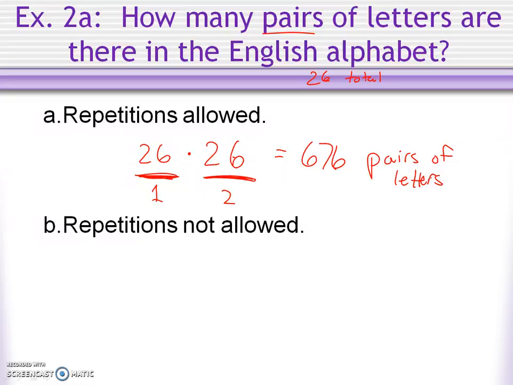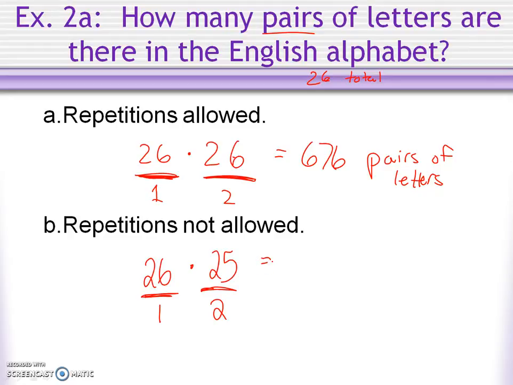Now part B, we're going to still think slots. Slot 1, slot 2. But since repetitions are not allowed in this case, for the first slot we still have 26 letters, but we need to eliminate whatever letter we chose in the first slot for the second slot. So now there are only 25 letters to choose from.